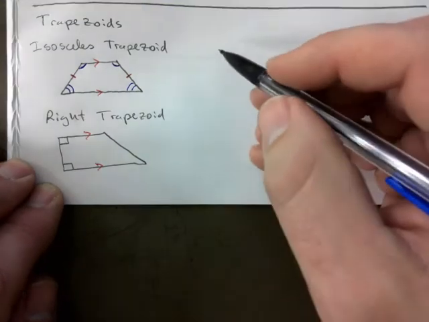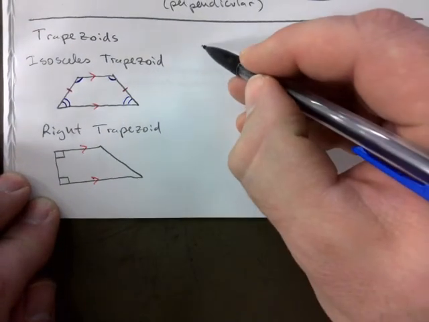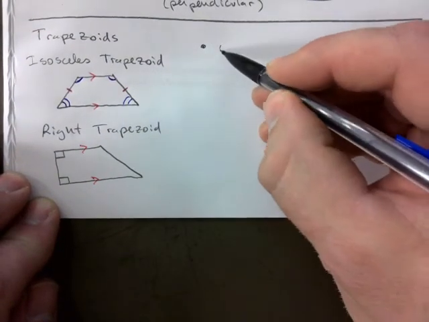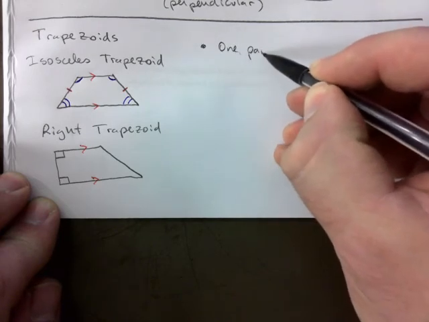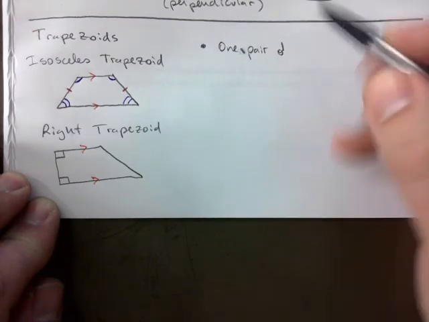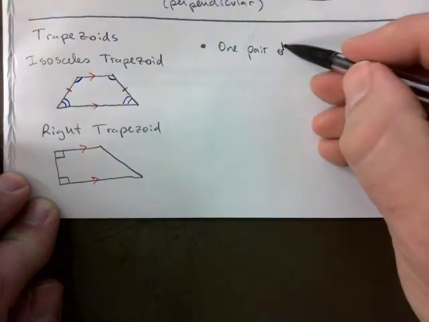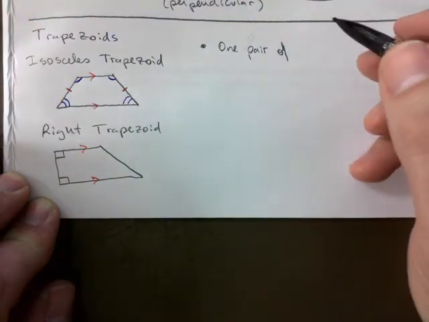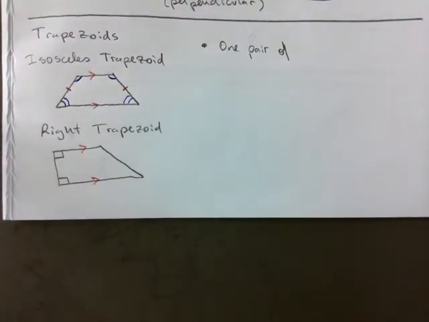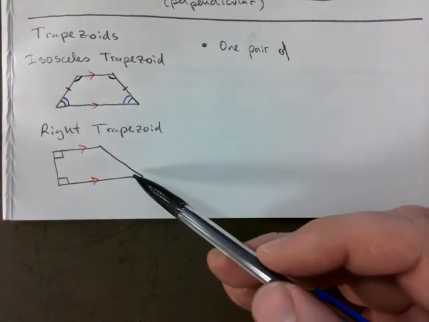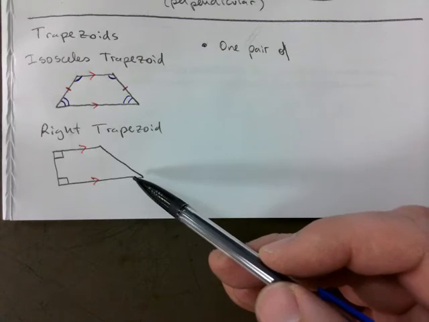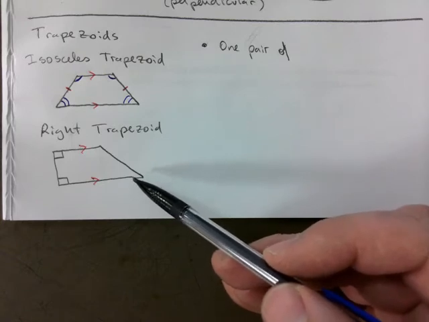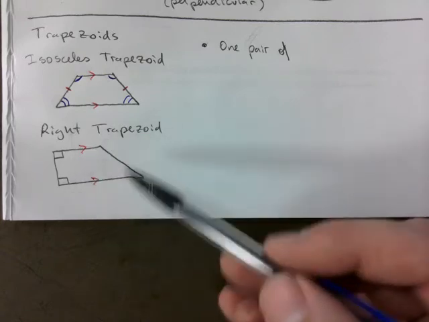Okay, so let's talk about what they have in common. This is one pair of parallel sides. Down the road we will solve for angles, but this is all we know about it for sure.